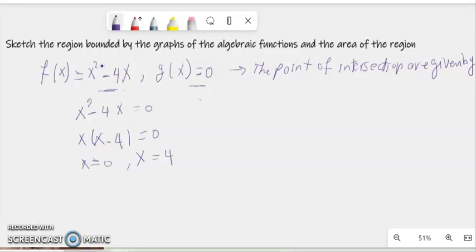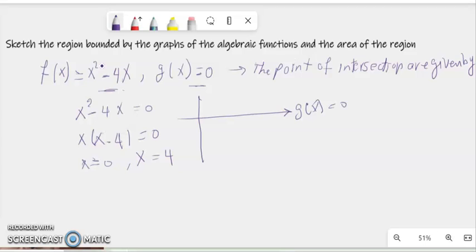So if we graph these functions, that's g of x equals 0, and then x squared minus 4x, that's the parabola.